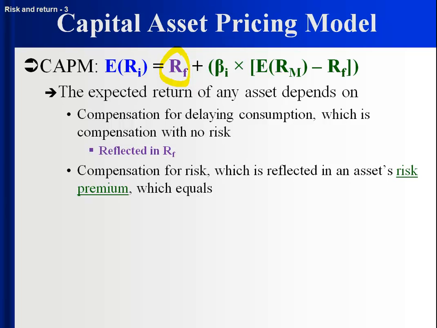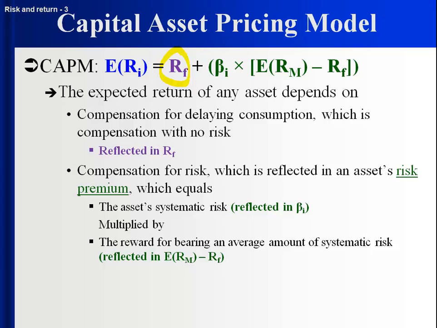And it reflects all of that in green, which is the asset's systematic risk, its beta, which is how much systematic risk, how much risk that matters, stock i has, multiplied by the risk premium. So this is how much extra somebody would get if they had an average amount of systematic risk.